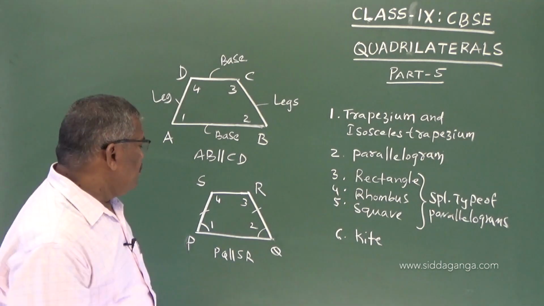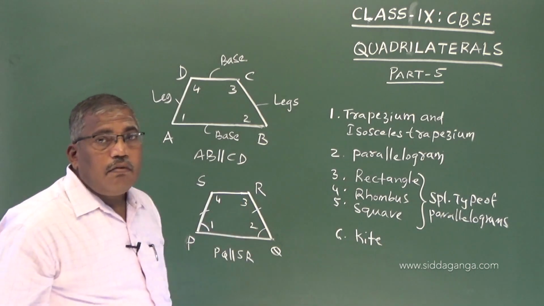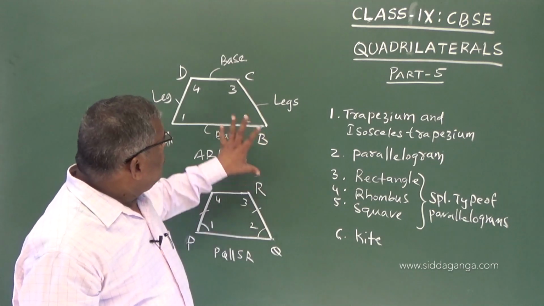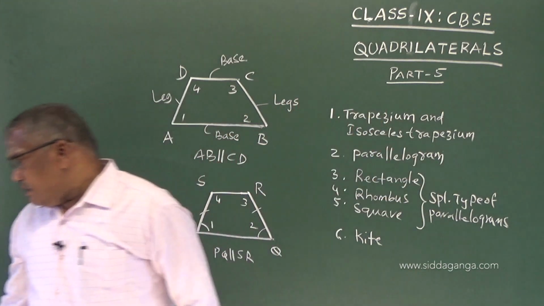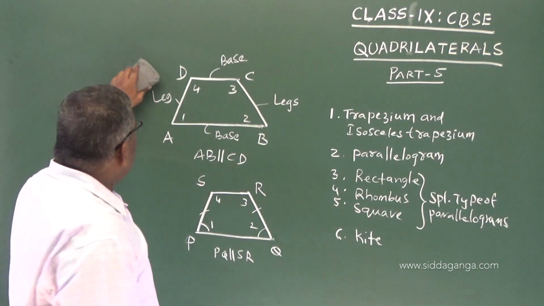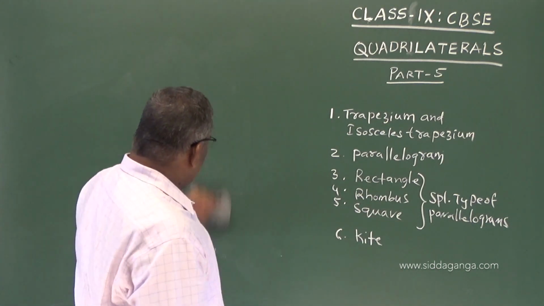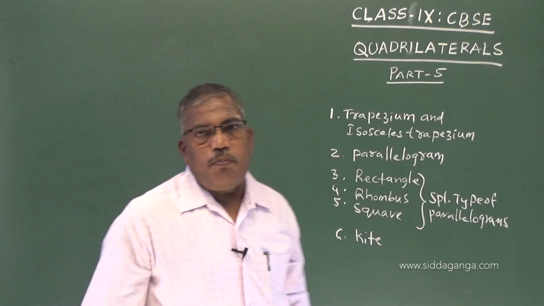And 1 and 2 will be equal and 3 and 4 will be equal. So this is just about trapezium and isosceles trapezium. Now I will take up one or two problems on trapezium before we proceed to the parallelogram topic.